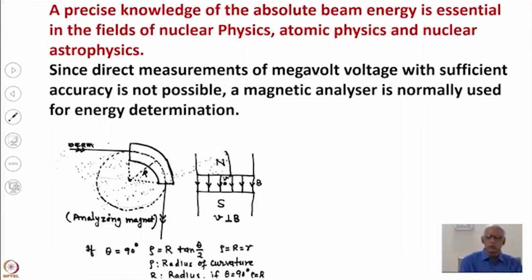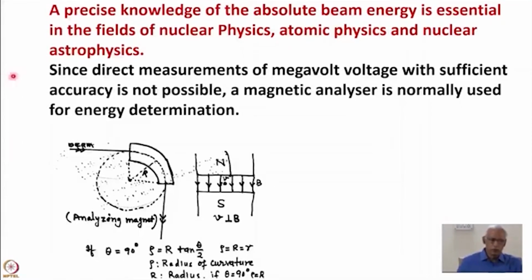A precise knowledge of the absolute beam energy is essential in the field of nuclear physics, atomic physics, or even nuclear exploration. Since direct measurement of megavolt voltage with sufficient accuracy is not possible, a magnetic analyzer is normally used for energy determination, and that principle is given here.